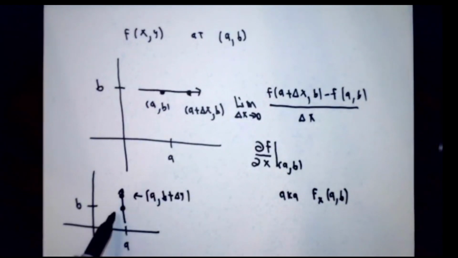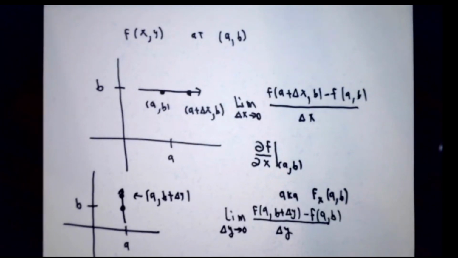The vertical distance between these 2 points is the difference between b plus delta y and b, which is just delta y. Arguing just as before, take the difference of the 2 function values, evaluated at nearby points, one of which is the point of interest, divide by how far apart the points are, delta y in this case, and take the limit as the distance between the 2 points tends to 0.